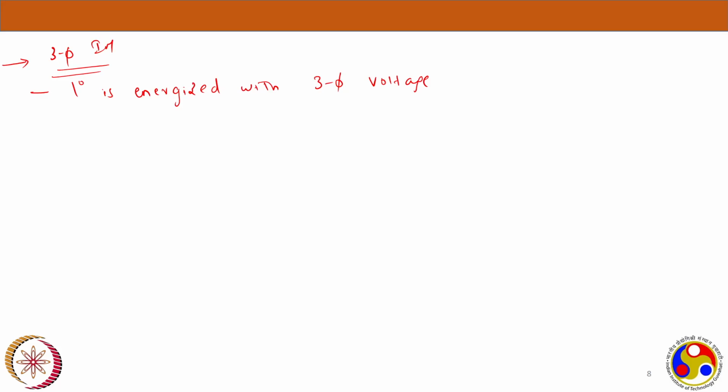That we have seen in the last week's discussion: how the RMF is produced, right? So as soon as I do it, RMF will be produced and voltage will be induced, and of course there exists flux per pole.